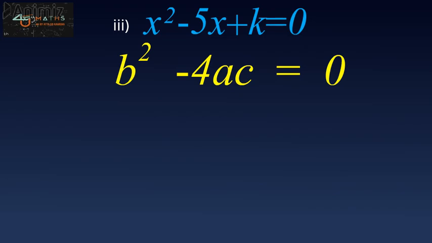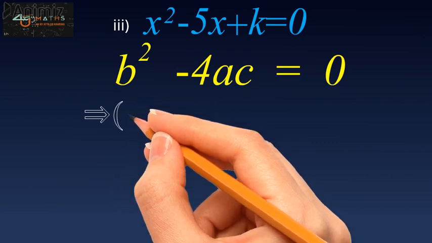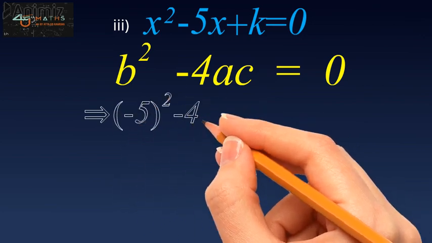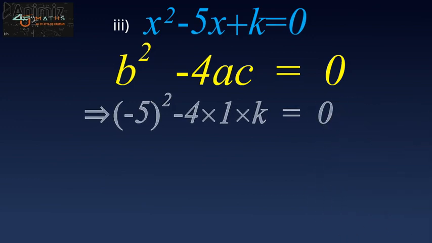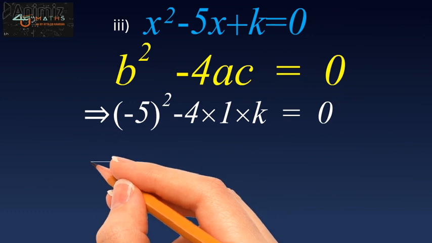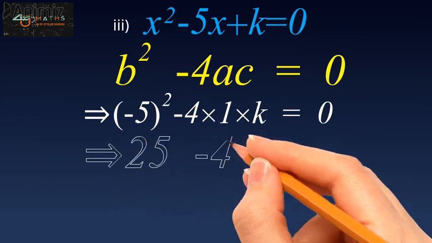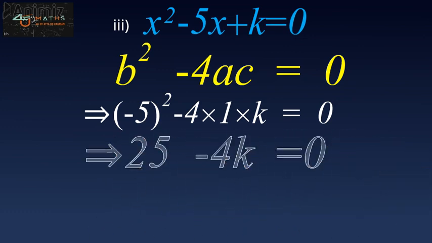Now utilizing the values of a, b and c, in this we have minus 5 square minus 4 times 1 and k is equal to 0. It gives 25 minus 4 times k is equal to 0.